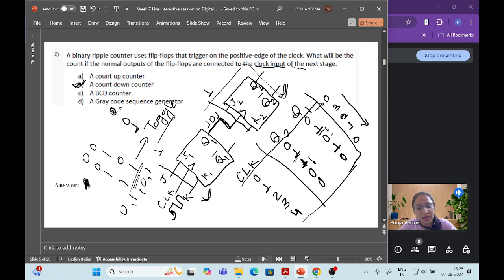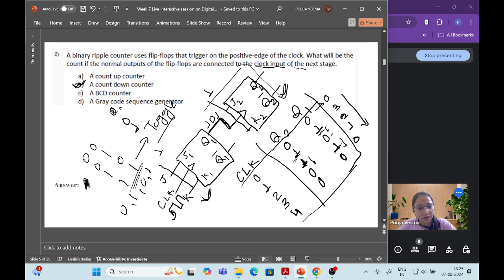Okay. Now when the fourth clock pulse comes, then again Q1 will toggle, from 1 to 0, right? When it is 0, the next flip flop will not be activated because the clock input is 0, so it will remain in the same state, that means 0 0.